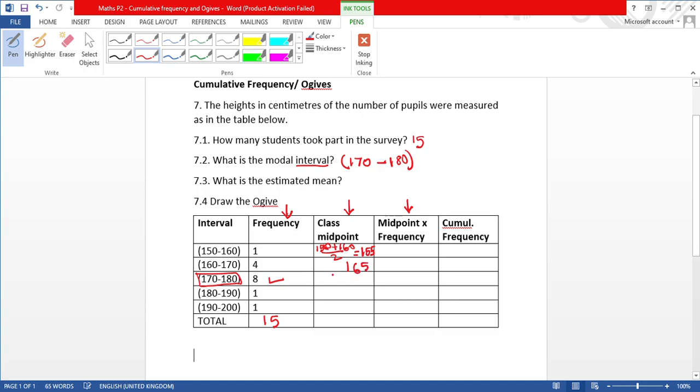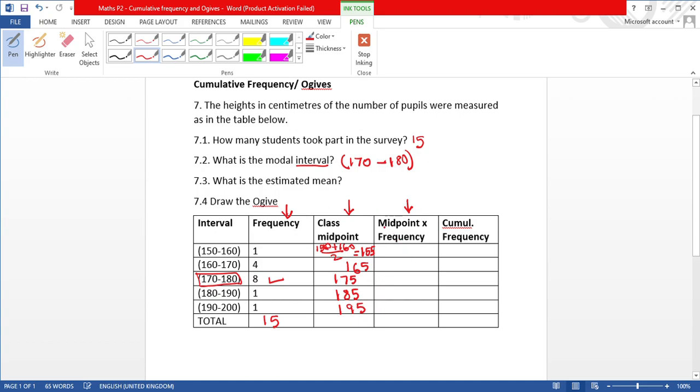This one will give us 175. Okay, then here we're going to have 185. I hope you can see the pattern, which makes sense because 185 should be in the middle between 180 and 190. And then here we're going to have 195. And then that's going to be the midpoints.